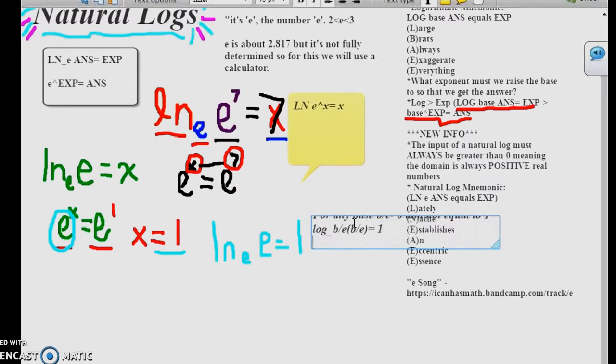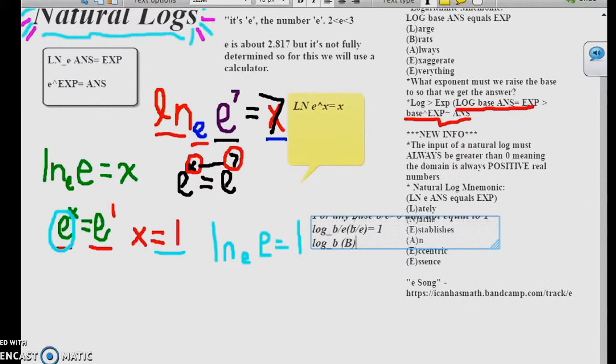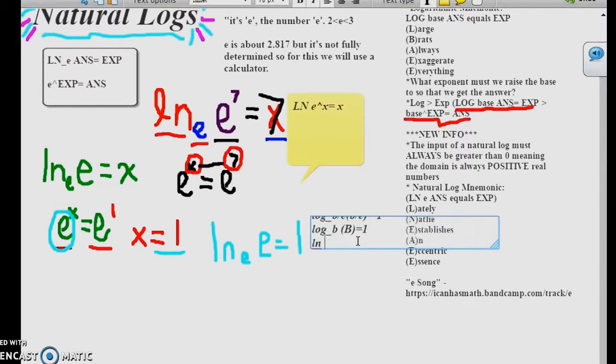Here, let's do it like this. The log of b with the base of b, there's the same b here, equals 1. The natural log of e equals 1.